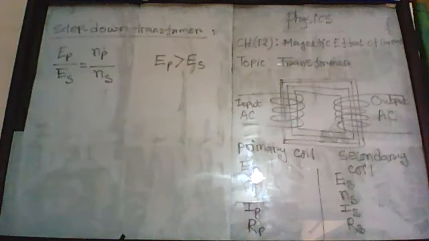For a step-down transformer, the secondary voltage is less than the primary voltage. So EP is greater than ES.